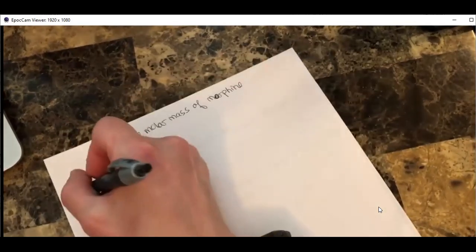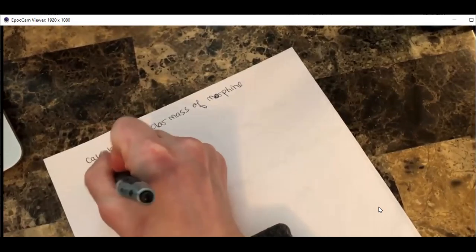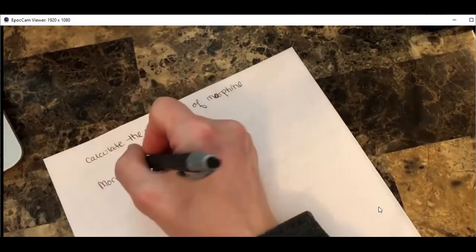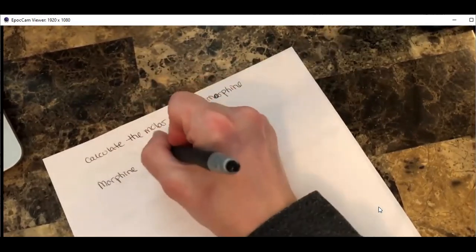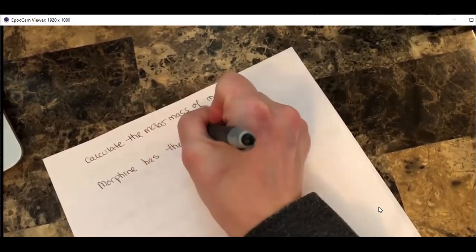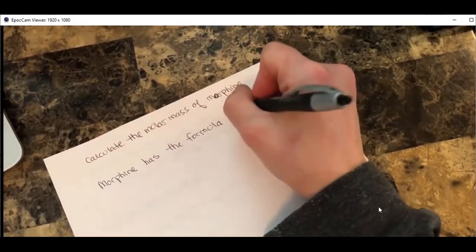So let's write out this question. So if we have morphine, spelled correctly there, morphine has the formula C17H19NO3.